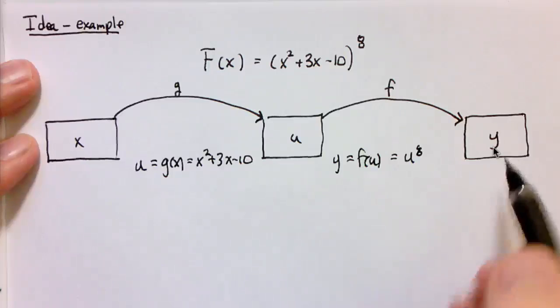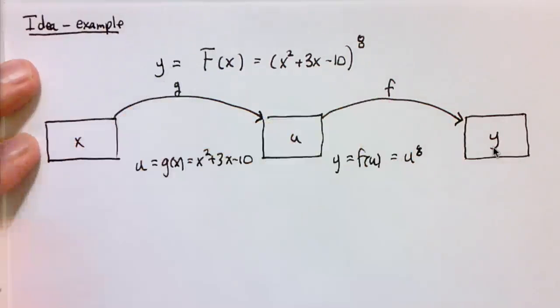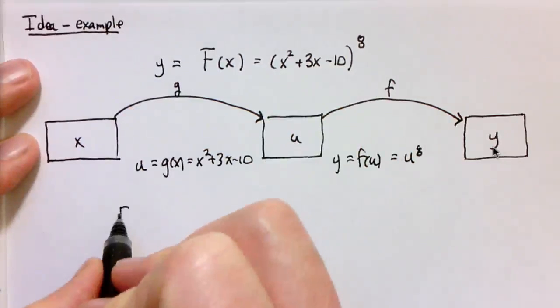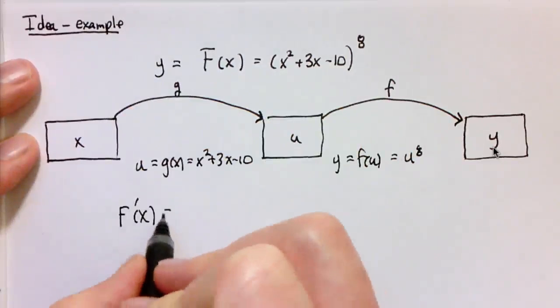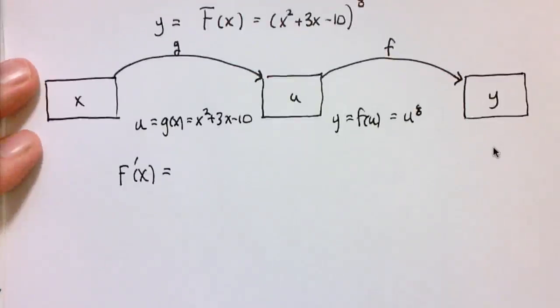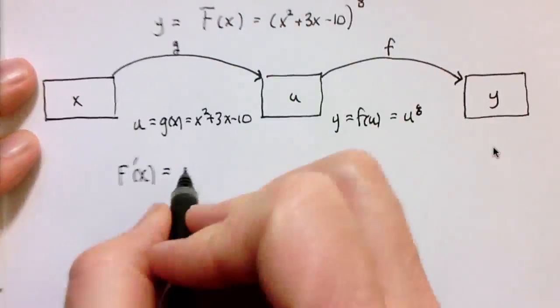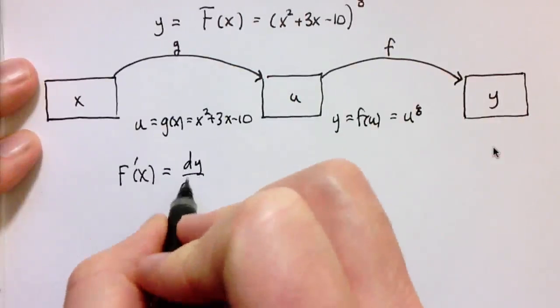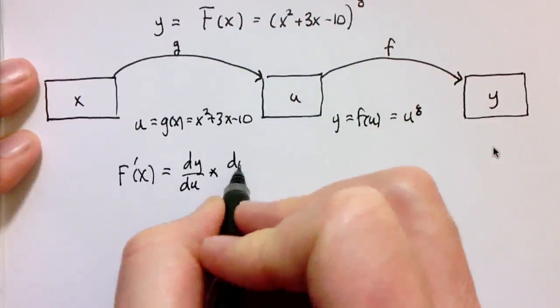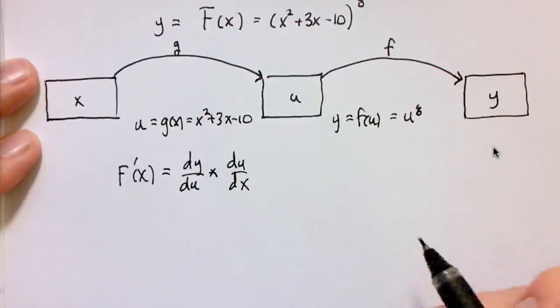If I want the derivative of y with respect to x, in Leibniz notation, we're going to have dy dx equals dy du times du dx. Those are both derivatives I can calculate.